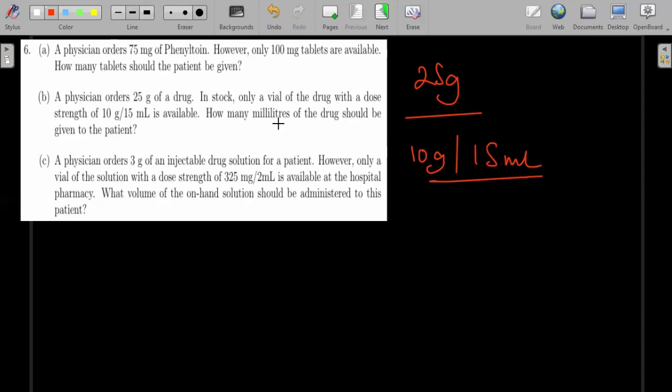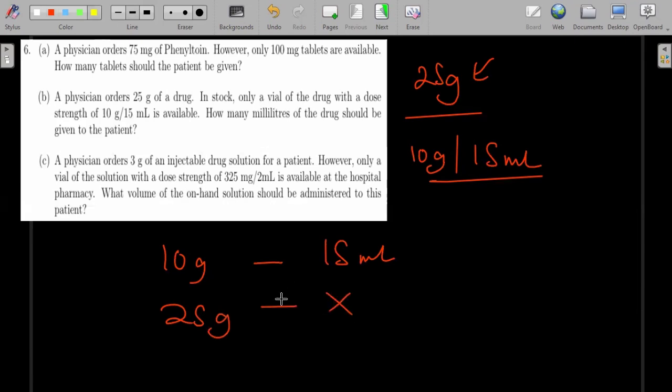How many milliliters of this drug should be given to the patient if they order 25 grams? We are still using ratios. If I have 10 grams of this drug, then I need 15 milliliters. What if I have 25 grams? How many milliliters am I going to need there?